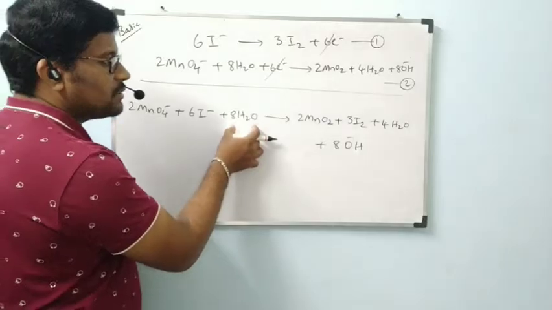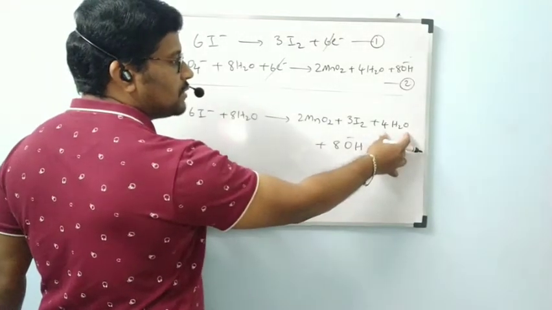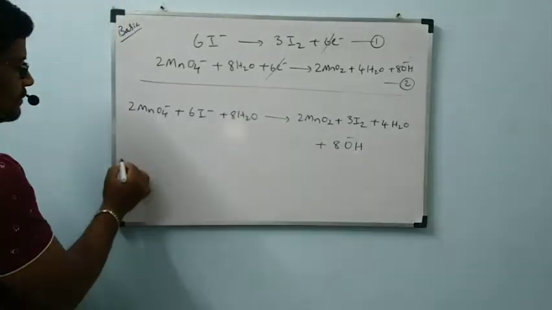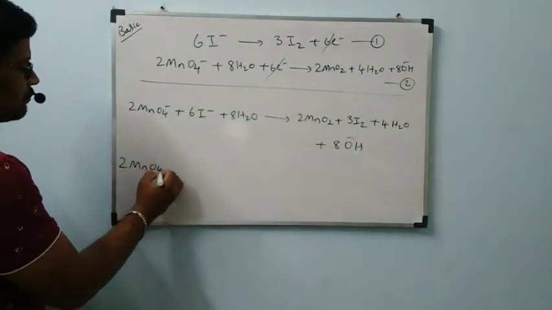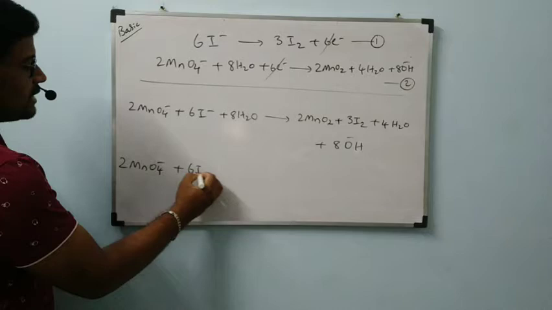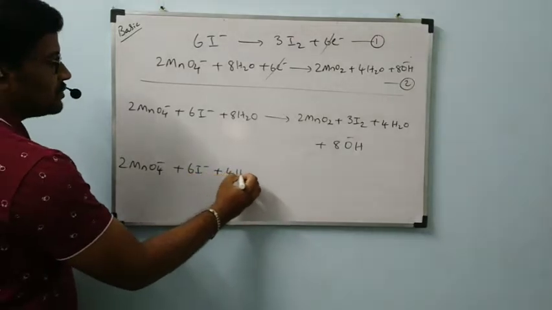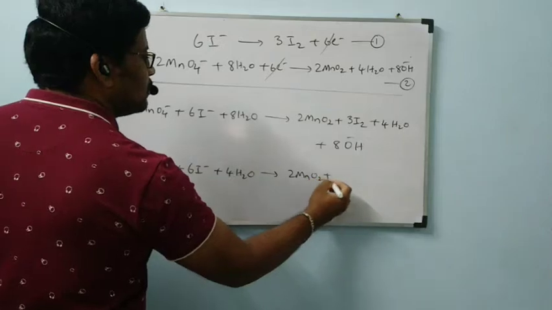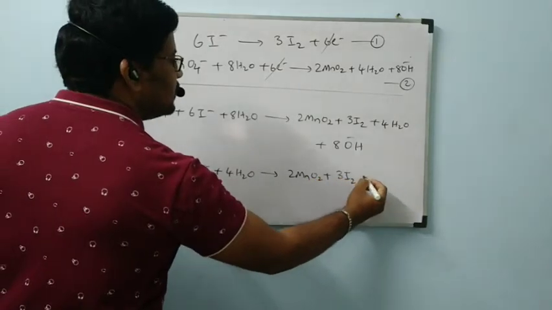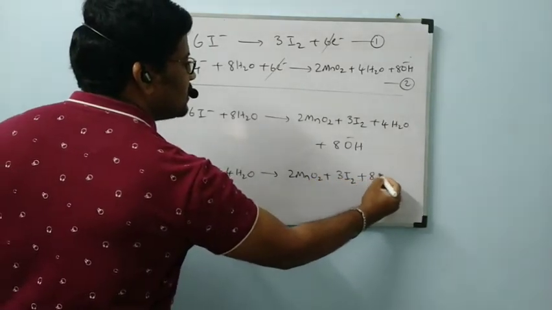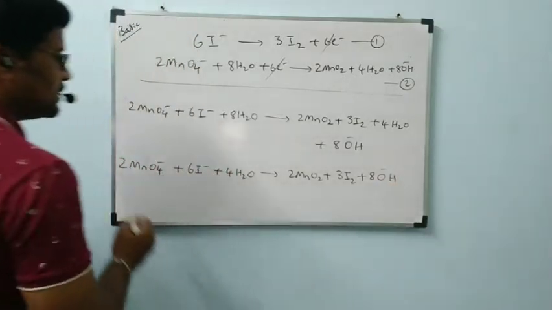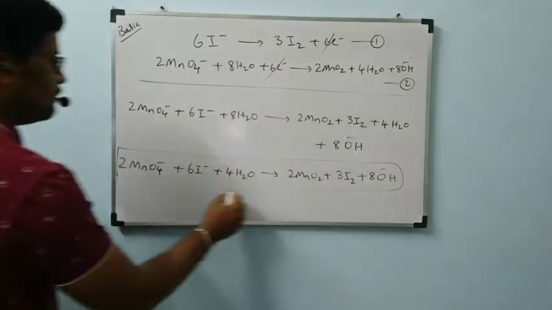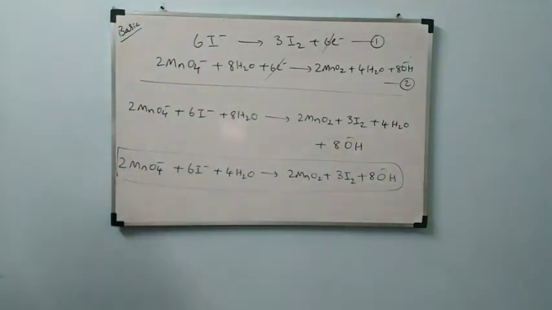Here we have 8 water molecules, here we have 4 water molecules. If you send them across, it will become minus. Then the final equation becomes 2MnO4 minus plus 6I minus plus 4H2O gives rise to 2MnO2 plus 3I2 plus 8OH minus. This is the final balanced chemical equation which we got.